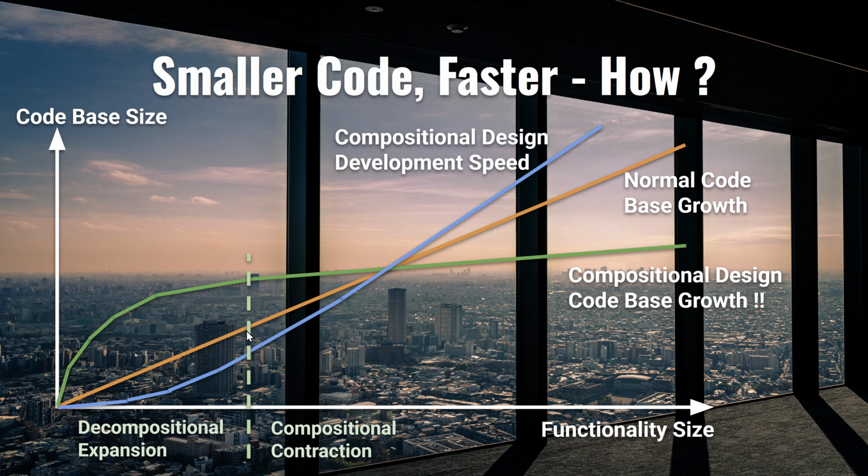However, as you move from the decompositional expansion phase into the compositional contraction phase, you start adding less code than you would have if you had not focused so much on reusability. And as a result of that, development speed tends to start to increase. And at some point, you will get to a faster development speed than if you did not focus so much on reuse. So that is why I believe compositional software design leads to both a smaller code base and also faster development over time.